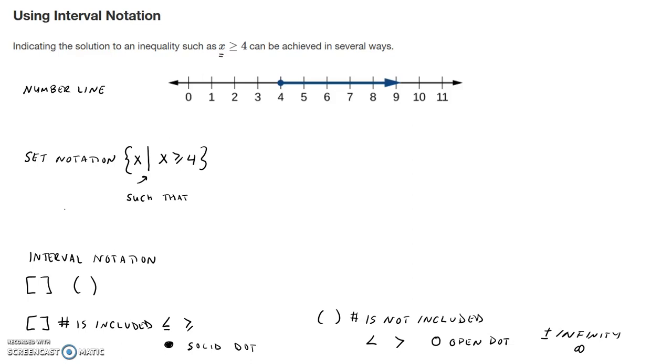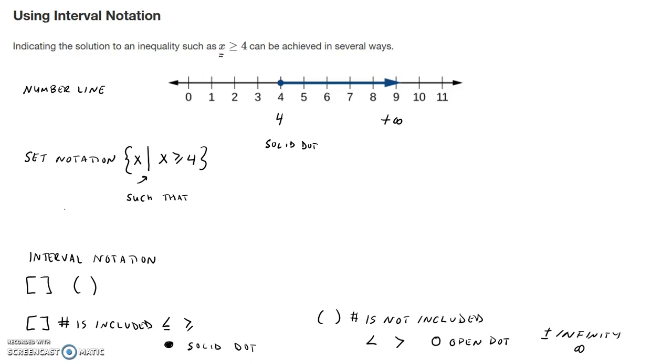So let's take a look at our number line. We're talking about numbers that are greater than or equal to 4. And you'll see here that the 4 has a solid dot. It's extending all the way to the right-hand side here, so it's actually going past the 9, that's what the arrow means. It's going all the way towards positive infinity.